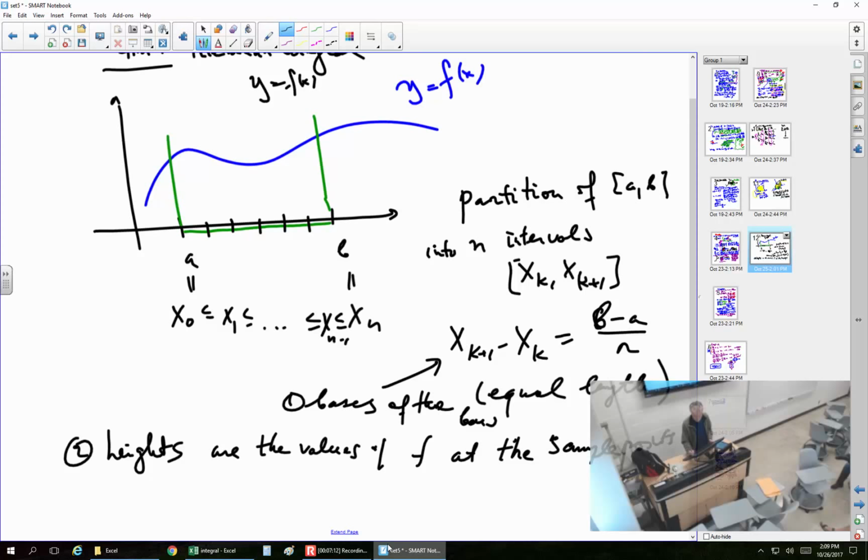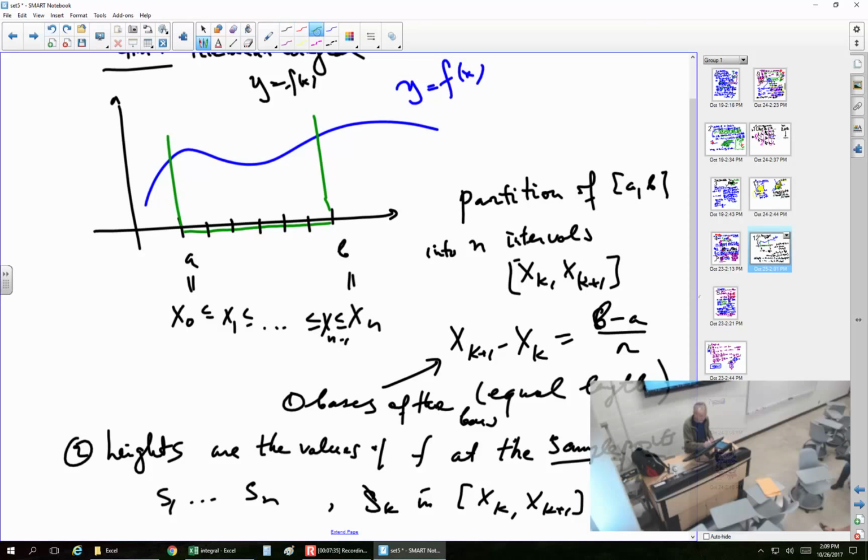So we sample our function at each of the intervals. So it will be, say, s1, s2, ..., sn, sample points sk in [xk, xk+1] of the intervals.